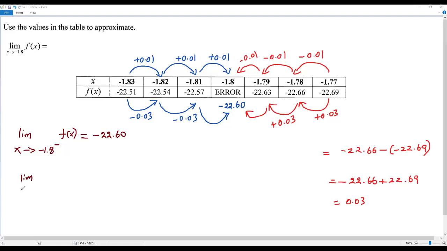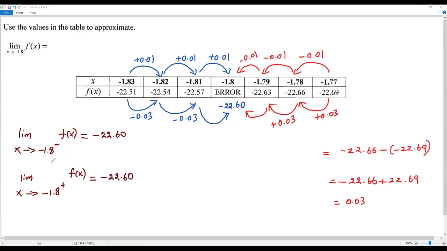Now let me write the right side limit. The limit as x approaches negative 1.8, and I'm writing a positive sign over here, indicates x approaches negative 1.8 from its right side. When x approaches negative 1.8 from its right side, the value of the function f of x approaches the same value, negative 22.60.